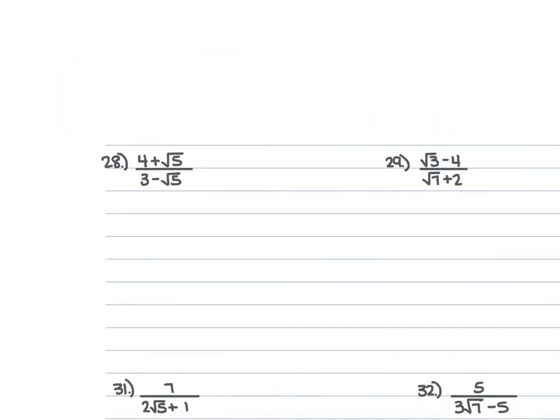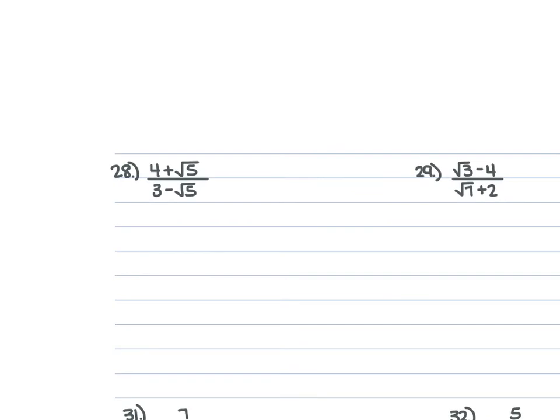For 28, oh my goodness, 28, we have 4 plus the square root of 5 over 3 minus the square root of 5. So the conjugate of your denominator is going to be 3 plus the square root of 5. Multiply the top and the bottom by that.